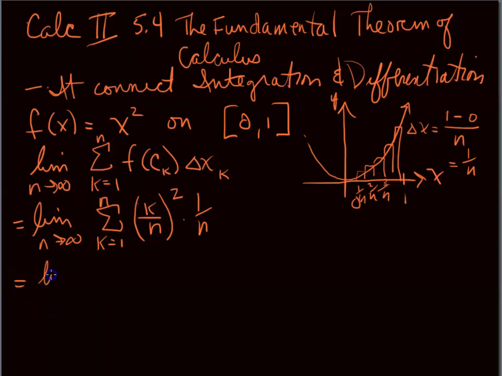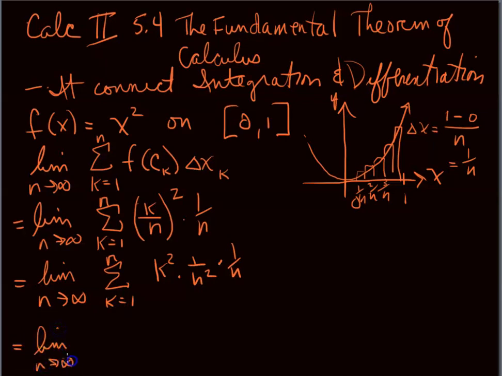We've got the limit as n goes to infinity, summation k equals 1 to n of k squared, and I'm going to split this off, 1 over n squared times 1 over n. So we get the limit as n goes to infinity.